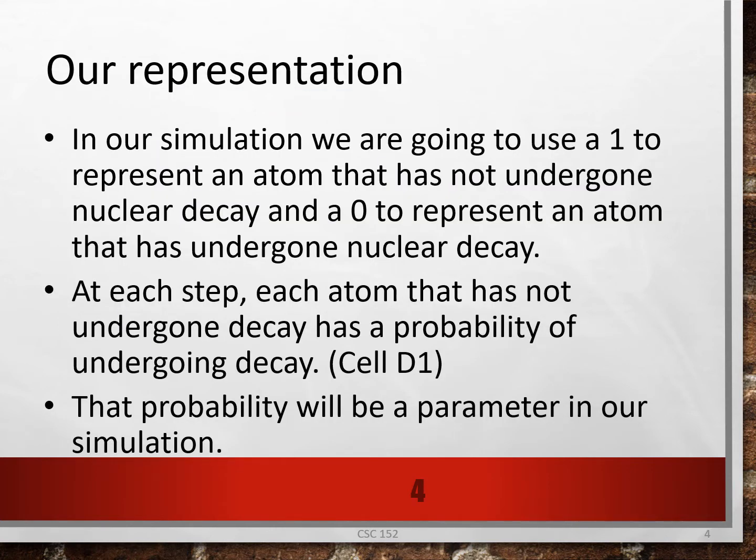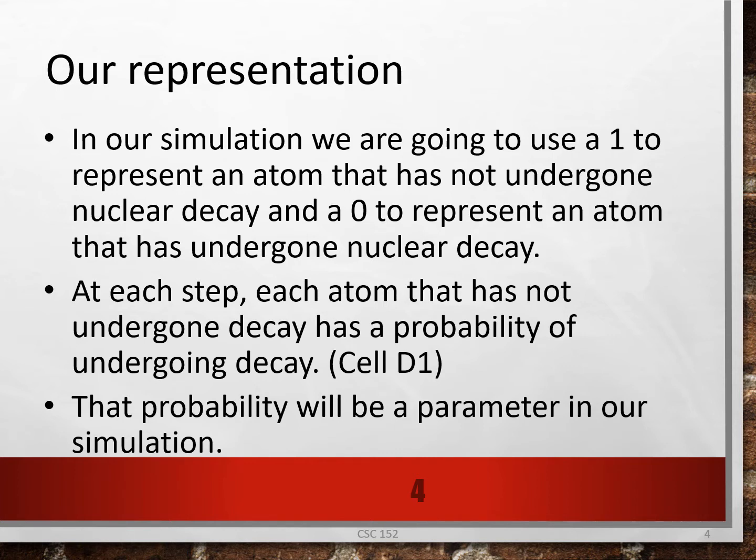Again, in our simulation, a 1 will represent that the atom has not undergone nuclear decay, and a 0 will represent that it has undergone nuclear decay. And then with each step, an atom that has not undergone decay, that is still a 1, has a probability of undergoing decay, becoming a 0.